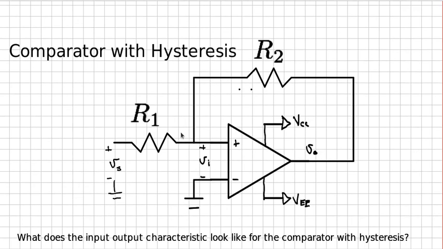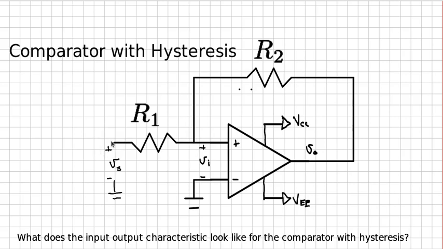So here we have the same comparator that we had above, and we've added two components. R2 provides positive feedback between the output and the input terminal, right here at this positive terminal, and the input is now moved over here on the other side of R1.